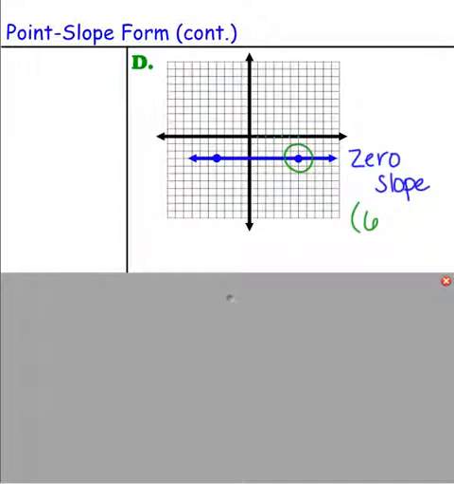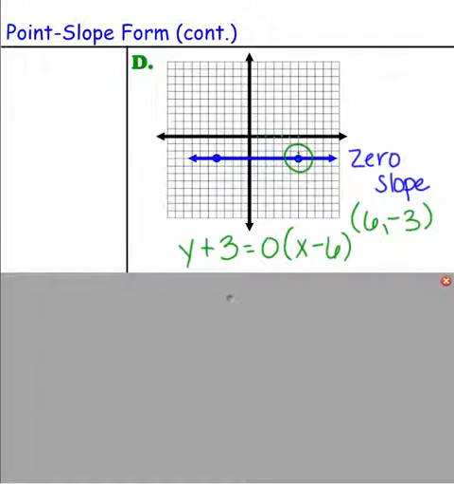And down 1, 2, 3, so that's -3. So when I put it into my formula, I have y minus y1, which is y minus -3, or y plus 3, equals m, which is 0, times x minus 6.